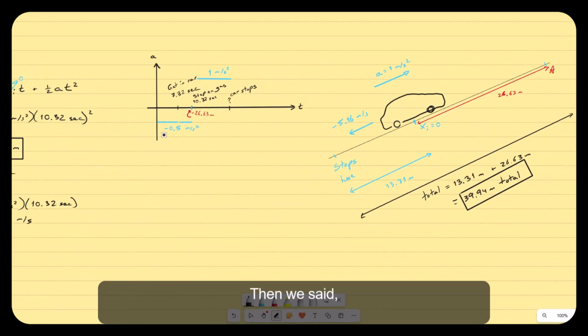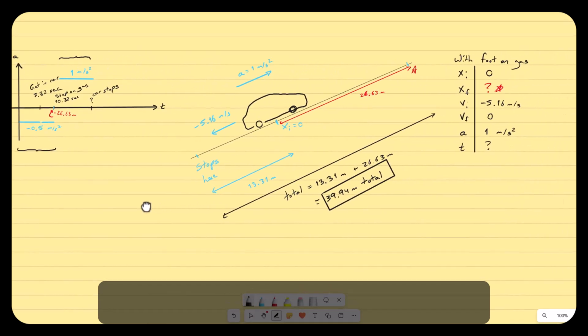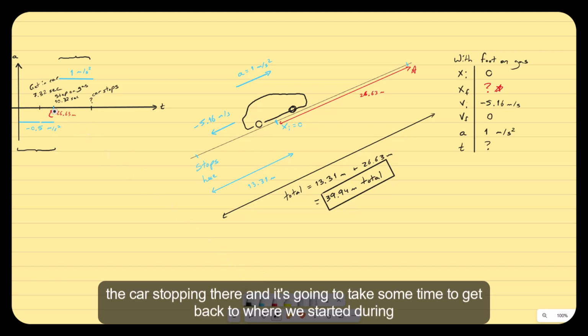Then we said, so that took care of this block of time. Then we said, new problem. We're going to go here. So we reset the clock, reset the time, and reset the position, I mean. And now, we had the car stopping there, and it's going to take some time to get back to where we started.